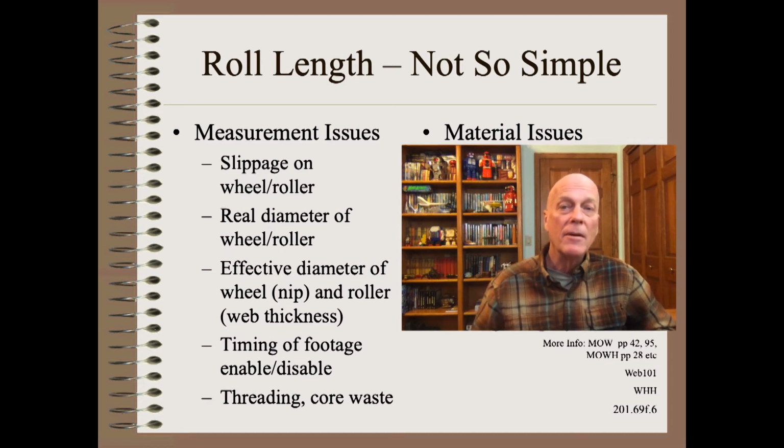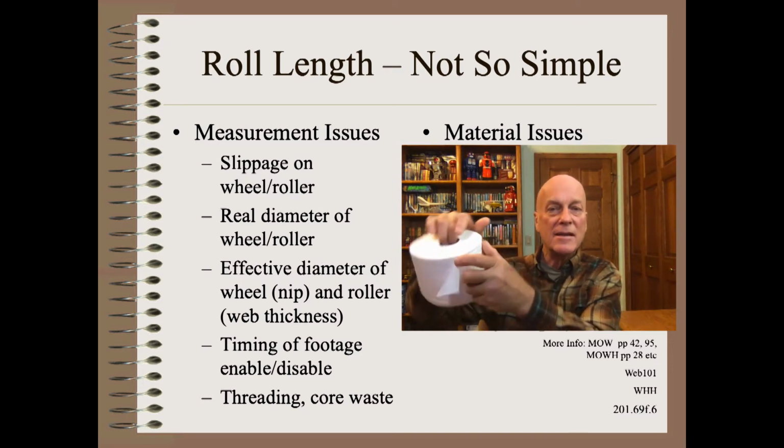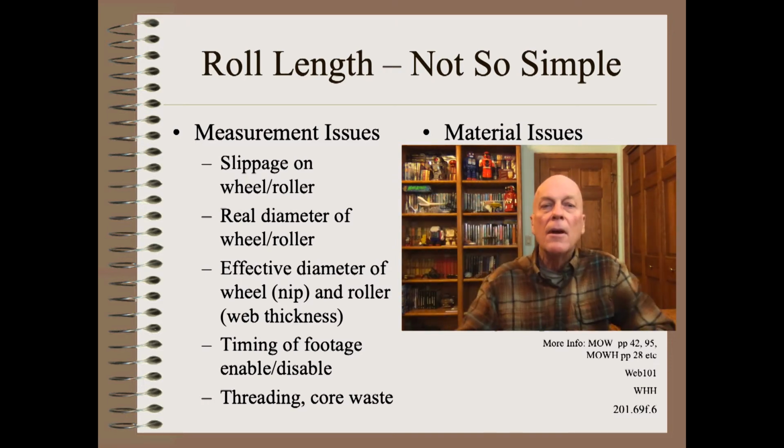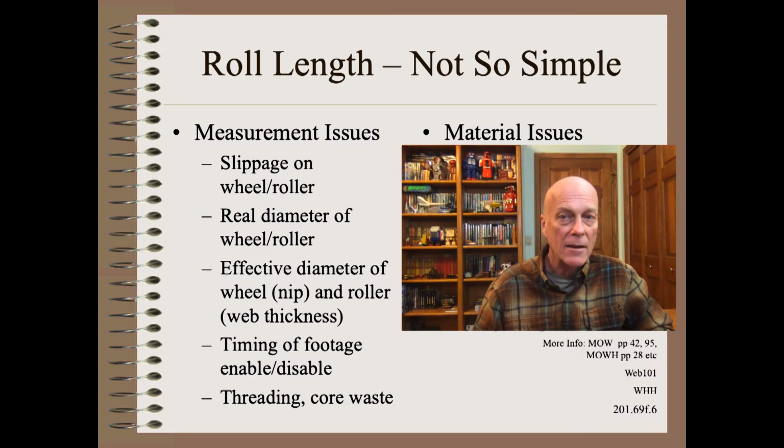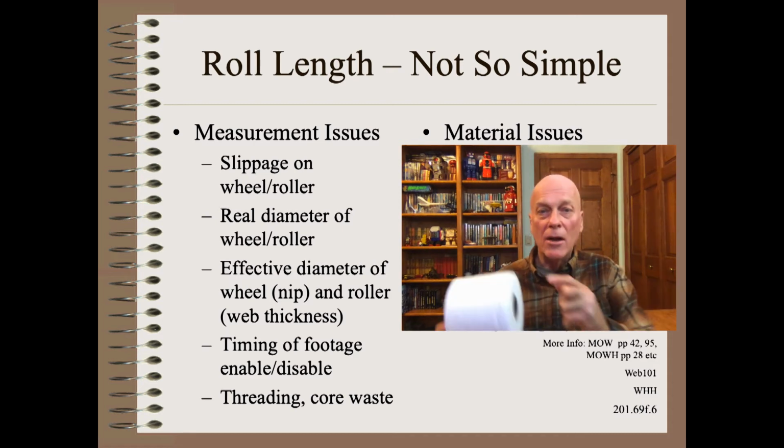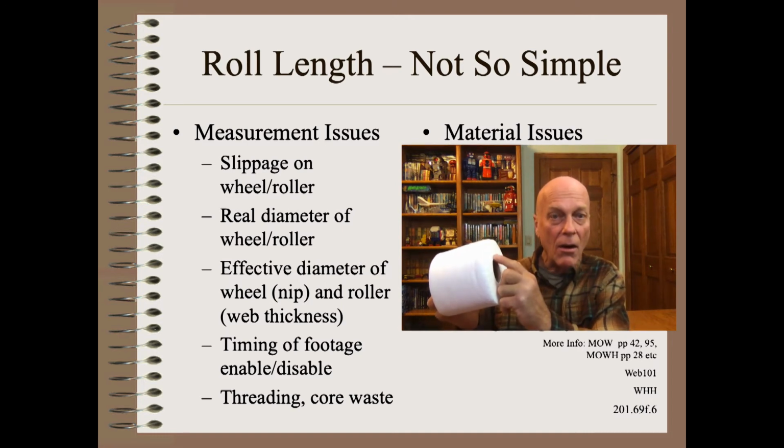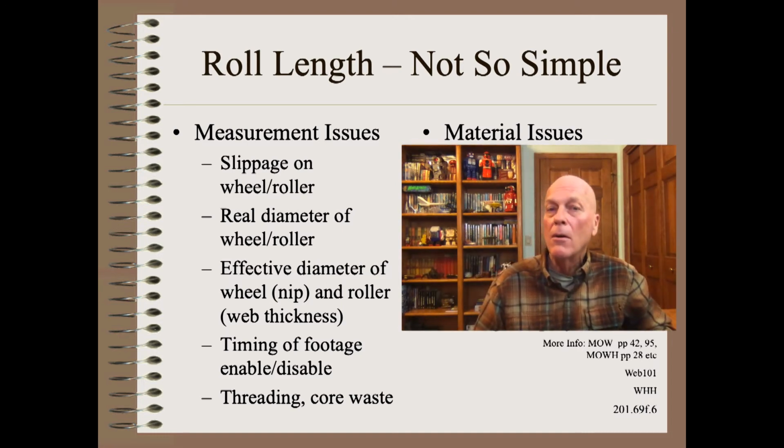For example, is the material removed at the top of the roll accounted for or not? For example, is the material passed during threading counted or not? For example, is the small amount of material often left at the core accounted for or not?